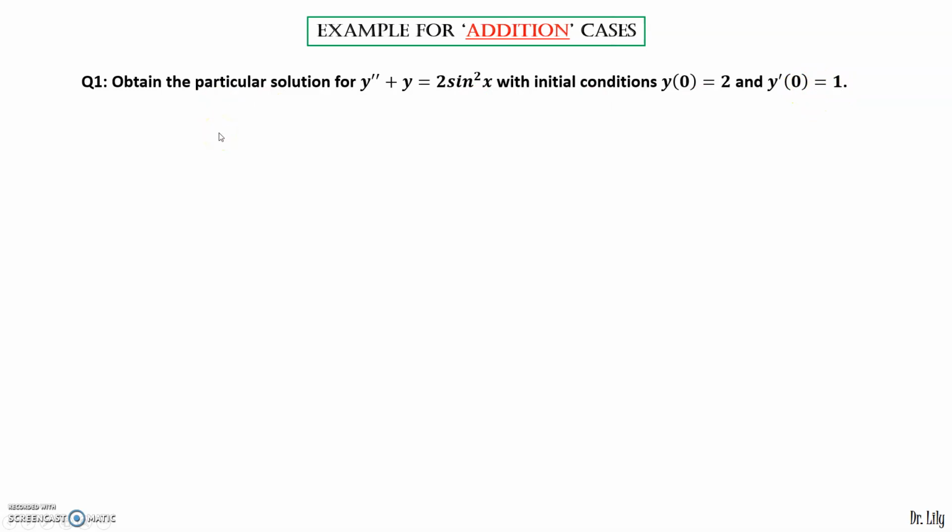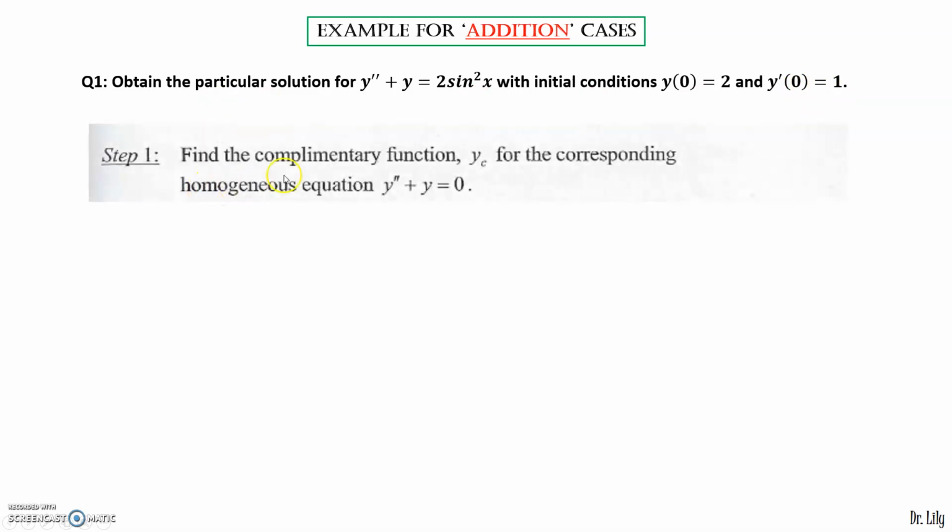So step number 1, you need to find the complementary function for the corresponding homogeneous equation. In this case, the corresponding homogeneous equation is given by y'' + y = 0. From the homogeneous equation, we come up with the characteristic equation of m² + 1 = 0.